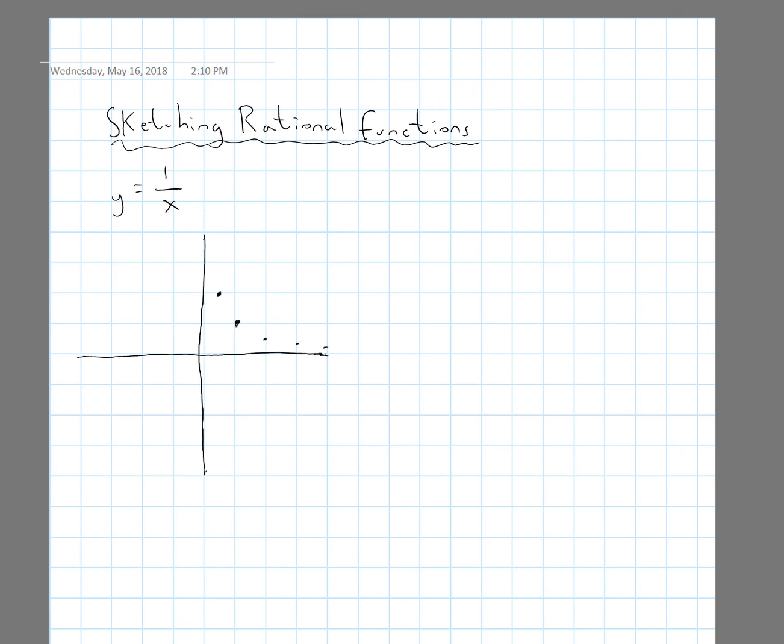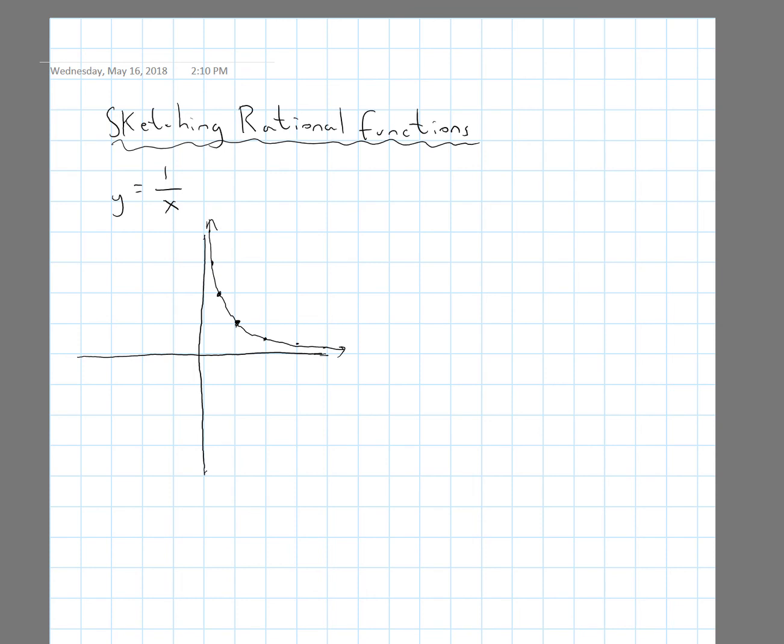I think that's something we're comfortable with. When x is a third, y is equal to 3 for the same reason. When x is a fourth, y is equal to 4. And I think we can see the pattern here. And we would connect it, and it would make this cool shape.